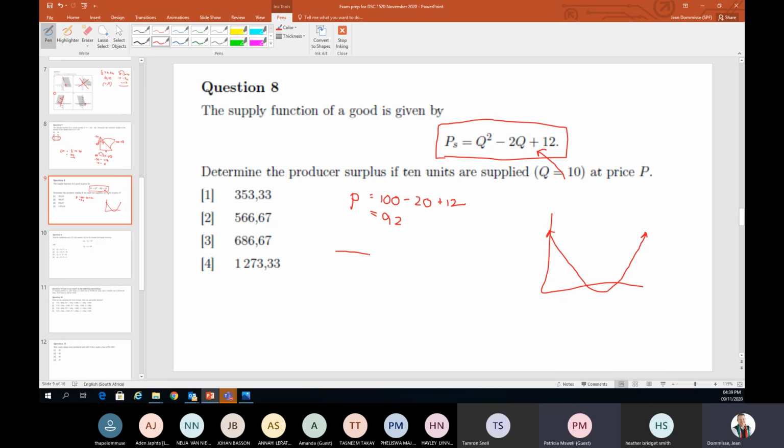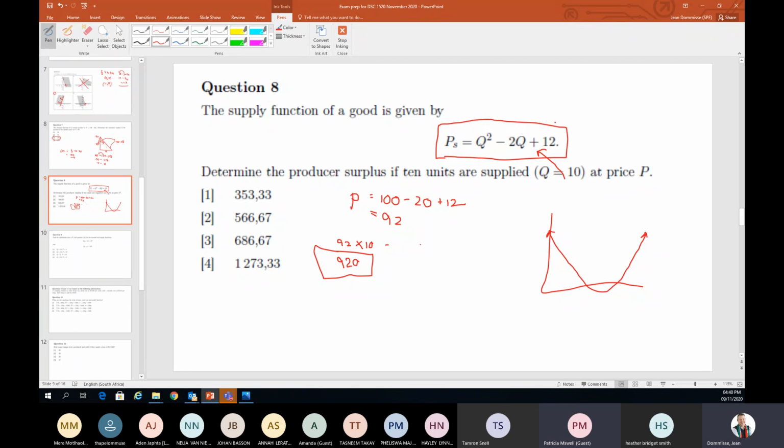Okay, so that rectangle that we spoke about in the previous session would have been 92 times 10 to get that area. Correct, which gives you 920, and then you need to subtract the differentiation of the equation, basically. And that would have been, with the calculator, 353.